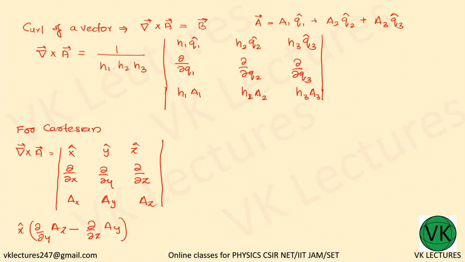Correct. This continues. Second term will be minus y cap into dou by dou x of Az minus dou by dou z of Ax, plus z cap into dou by dou x of Ay minus dou by dou y of Ax.